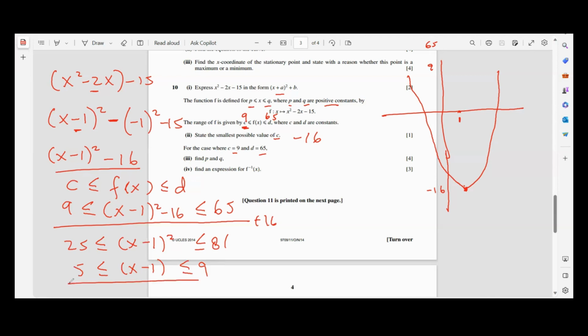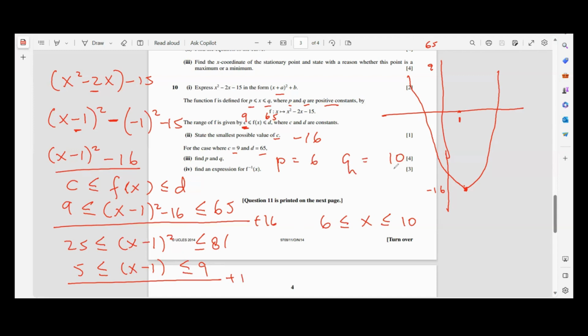And then everything plus 1. So I got 6, x, and this is 10. So for P and Q, P is equal to 6, Q is equal to 10. That is for the I.